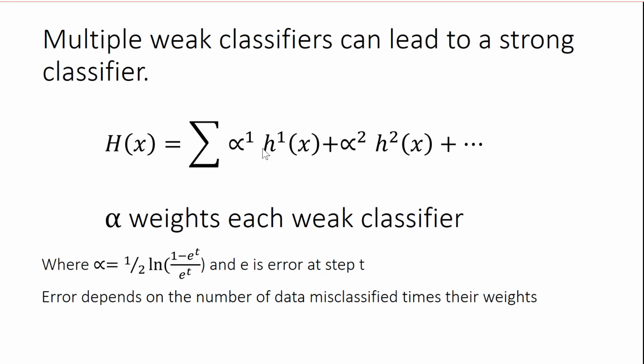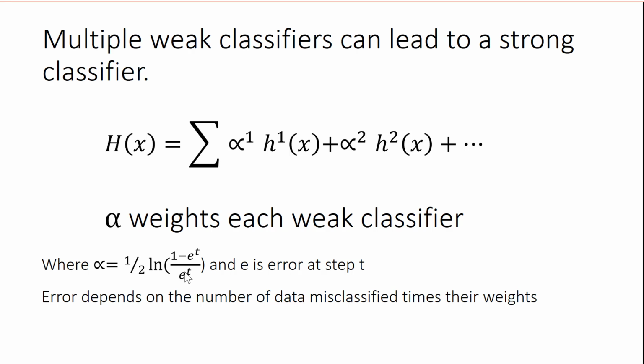So for example, the error of H1 in the first step is going to be, well, we got 3 right and 1 wrong. At the first step, all the data points count the same. They're all weighted at 0.25. So the error is 0.25, a quarter. We get 1 out of 4 wrong.